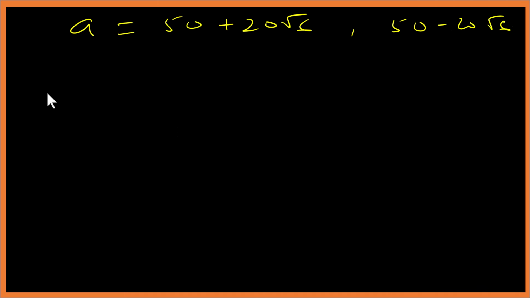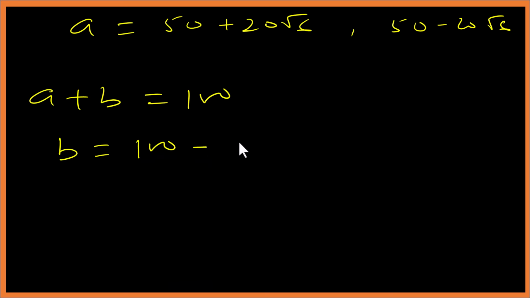So we have a plus b equals 100. Let's use equation 1, a plus b is equal to 100. So my b will be 100 minus a.